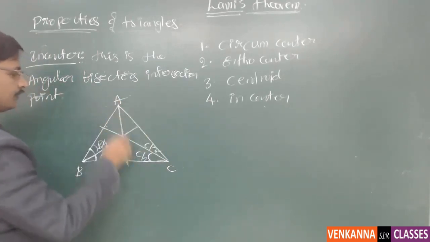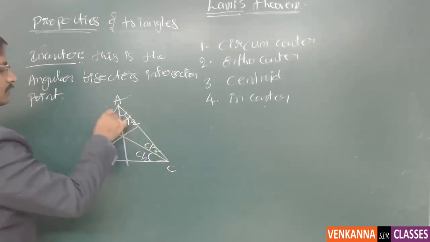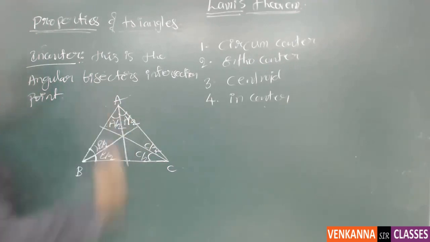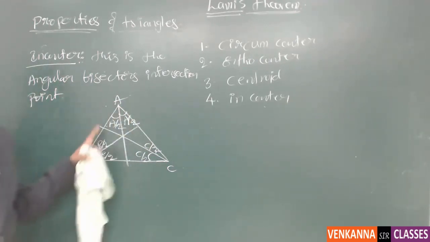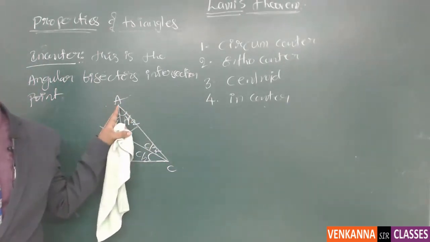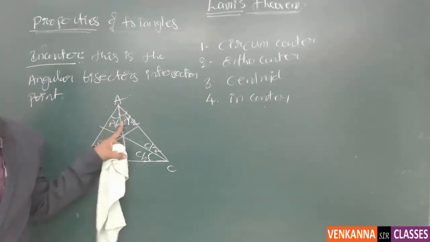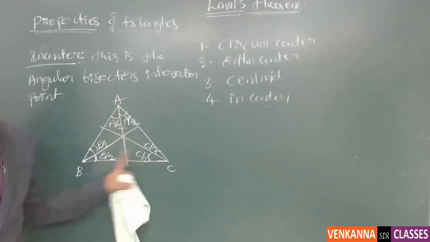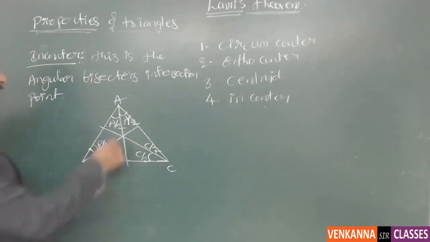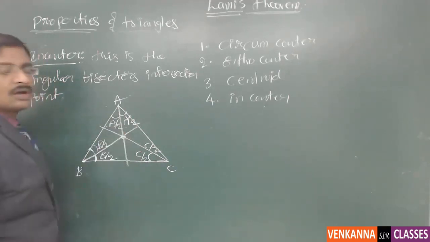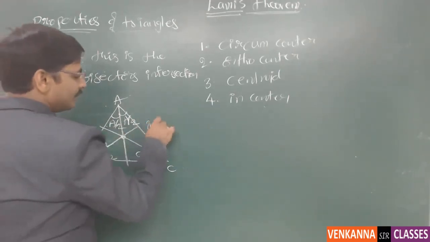And here also, this is A by 2 and this is A by 2. So the line drawn from the corner, bisecting the angle to the opposite side, for all the three angles, will be concurrent. So this concurrent point is called the incenter.